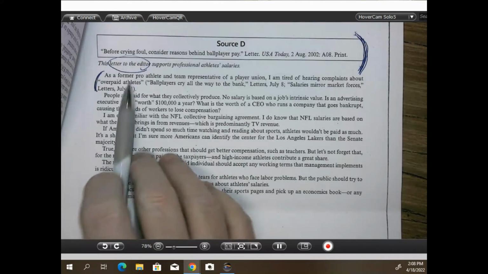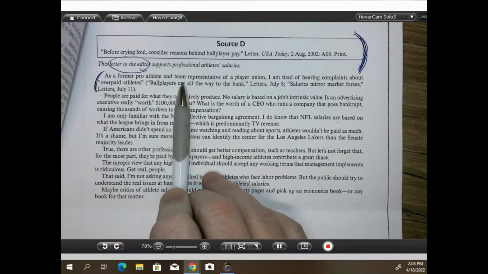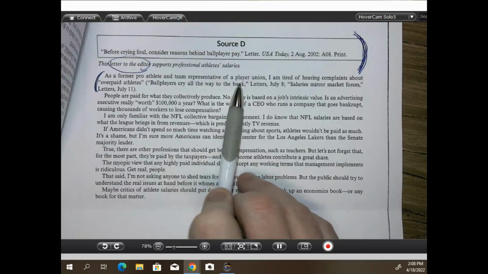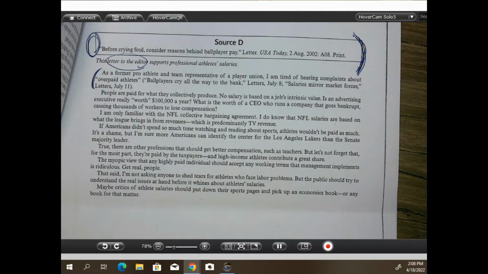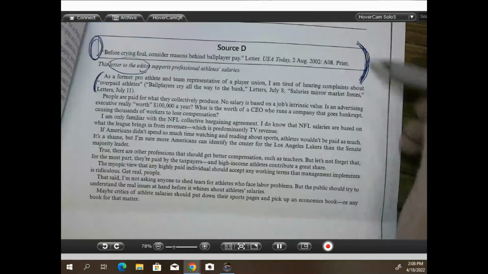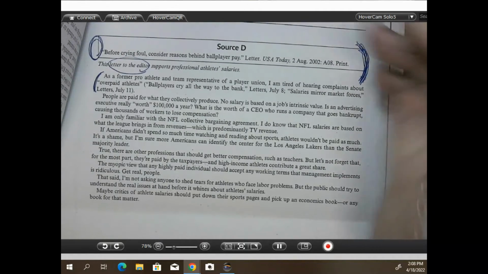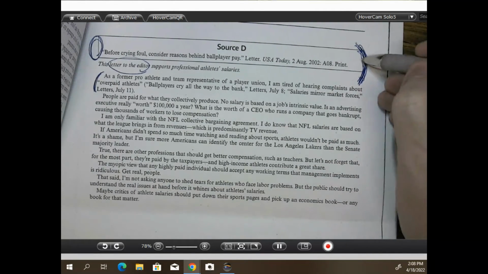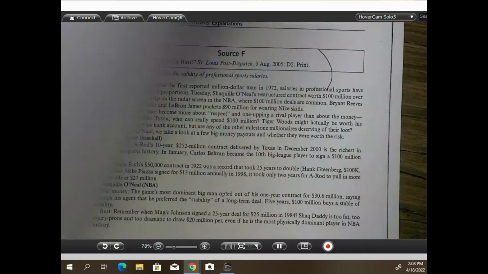If they are a former pro athlete and a team representative and they want people to listen to them, what should they have done with this letter? They should have put their name on it. So is it more credible than B? Maybe, maybe not, but this should still not rank high.